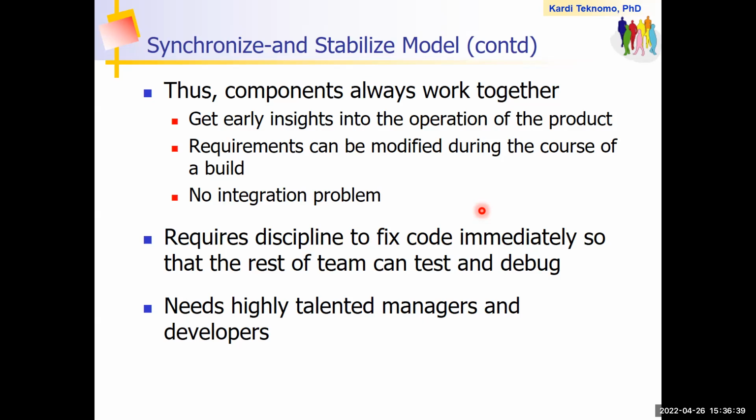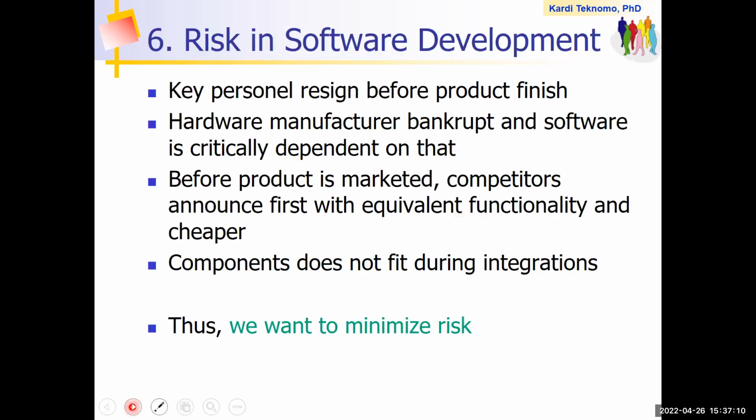That's the salary. And they have 3,000 of those. So why? Because they need to do it under highly stressful conditions. They require discipline to fix the code immediately so that the rest of the team can test and debug, isn't it? So if there is an error, a problem there, they need to fix it on the same day. That is very stressful.